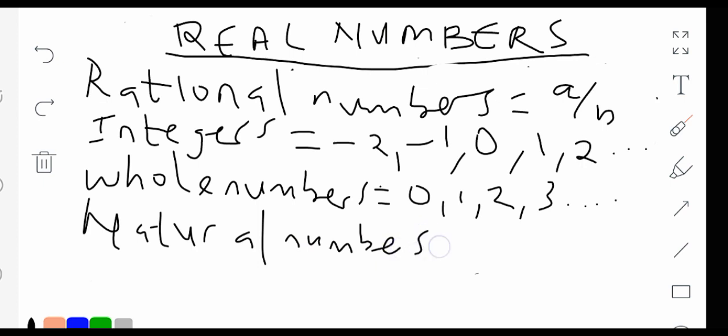Natural numbers are also a form of whole numbers, but they start with 1, not 0. So we have 1, 2, 3, 4, and so on and so forth. These are under rational numbers: integers, whole numbers, and natural numbers.